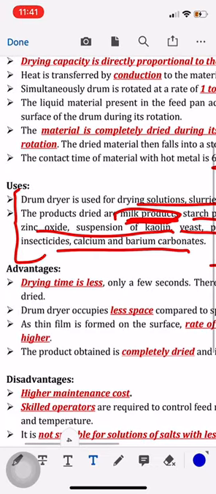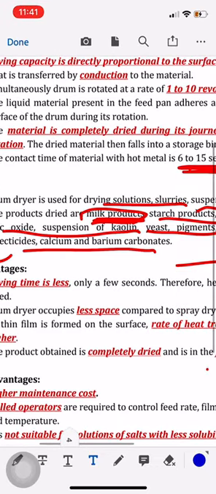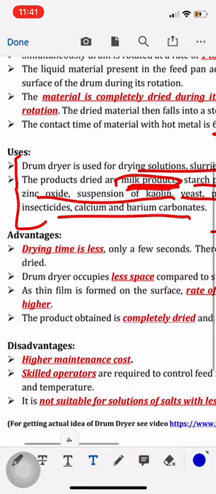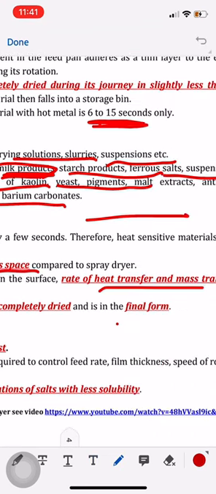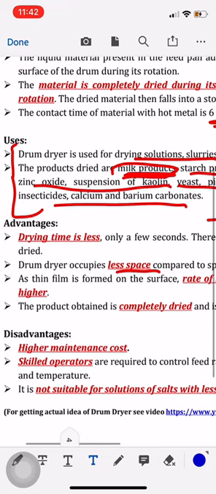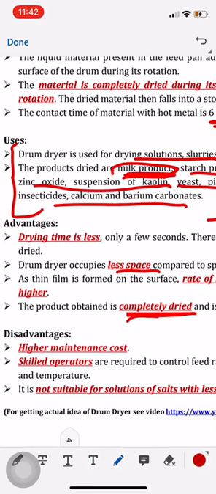Then also, the drum dryer occupies very less space. Then rate of heat transfer and mass transfer is very high because as thin film is formed, the product obtained is completely dried and it is in final form only. So you can pack them and you can dispatch them.